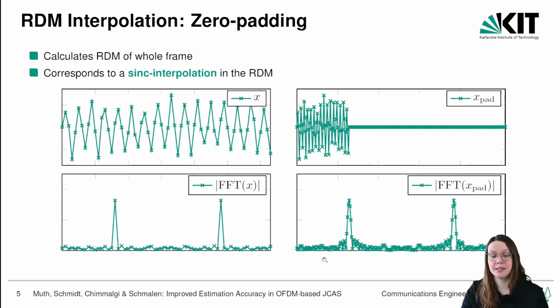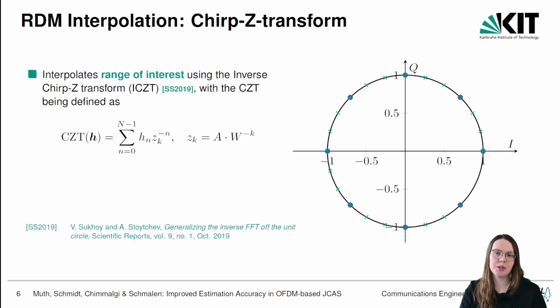But it also has disadvantages. We need to calculate a lot of different values here. Therefore, we also addressed the chirp Z transform. So there we just look at a range of interest, and using our chirp Z transform or CZT, we can just look at a small section here of our frequency domain.